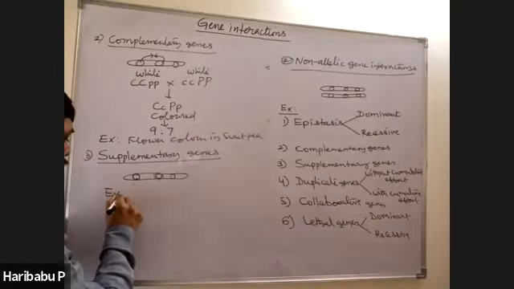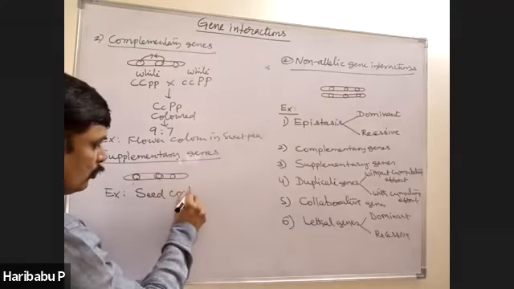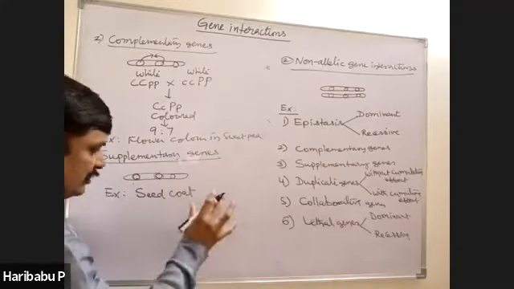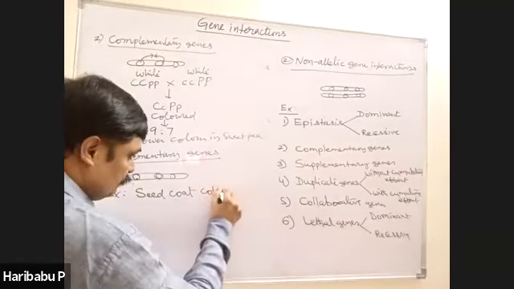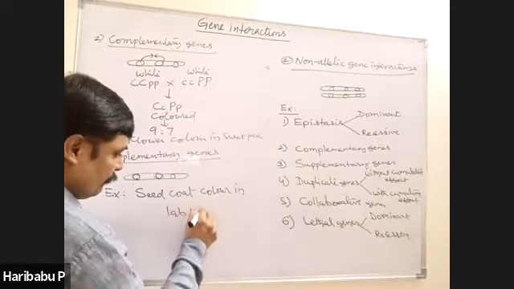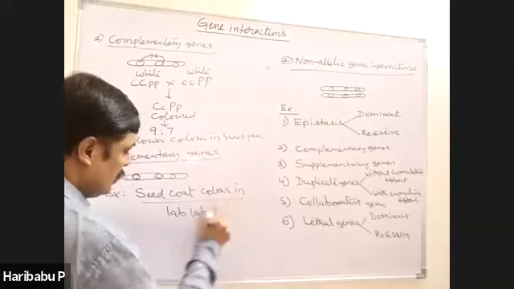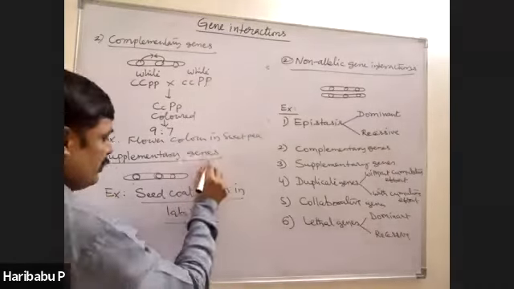The best example is seed coat color. On the surface of the seed, there is a seed coat, no? And seed coat color in lab-lab, that is Dolichos, is an example for supplementary genes.